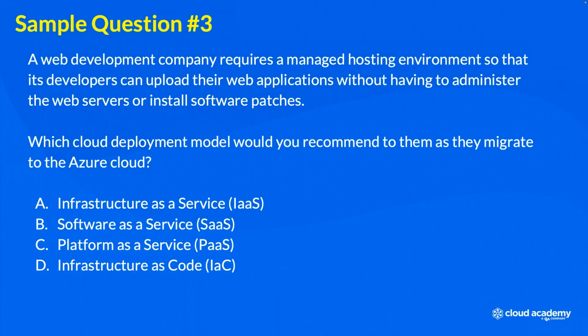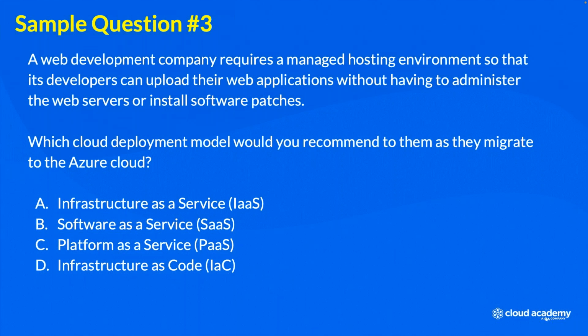Where it's a complete software suite and you're just using the software, right? So you're not sort of building data center components. You're just using the software. And that's not what we're talking about here. This is where we're actually building web applications. So it's not B.